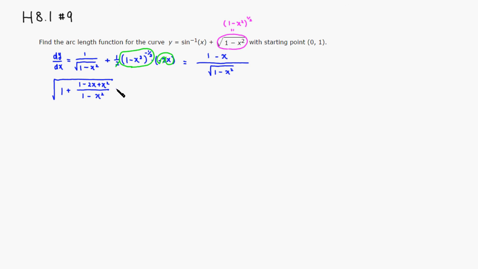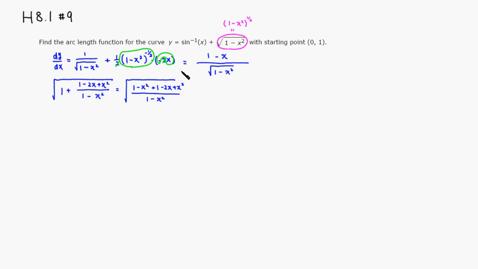And take the common denominator, so we have a square root. Then we have 1 minus x squared, because we have 1, so 1 minus x squared, then plus 1 minus 2x plus x squared.